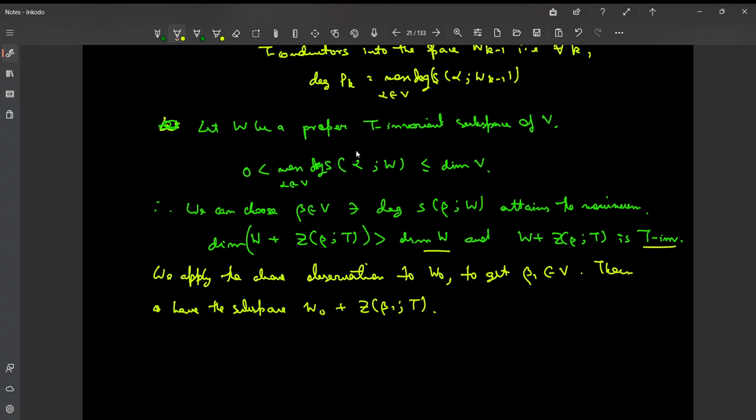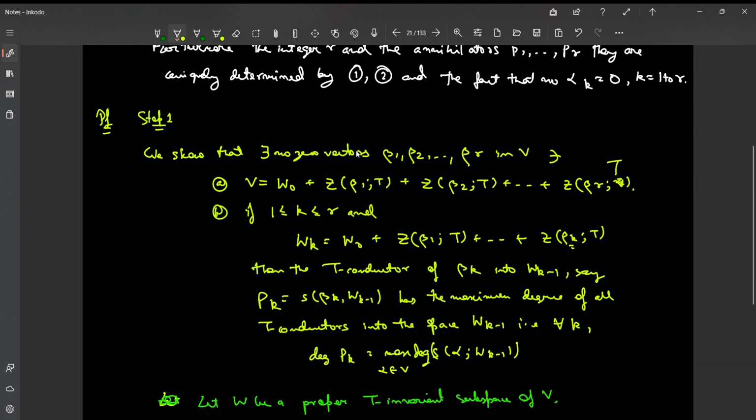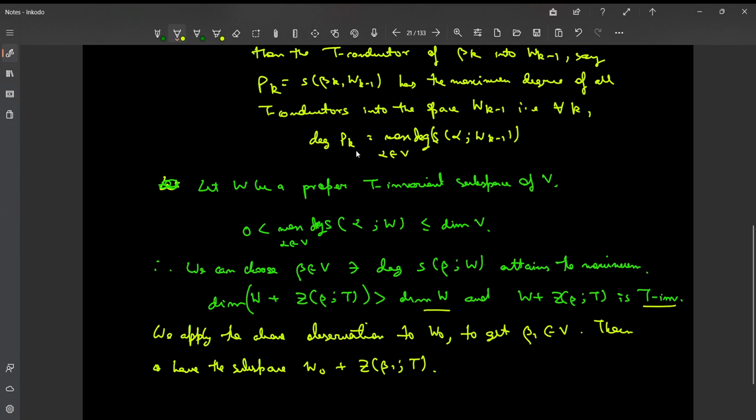So typically if it's proper, then we can reapply this observation to this subspace. Else this gives a decomposition of V, not a direct sum decomposition. It gives a decomposition of V, which abides the first statement of this step 1, right?